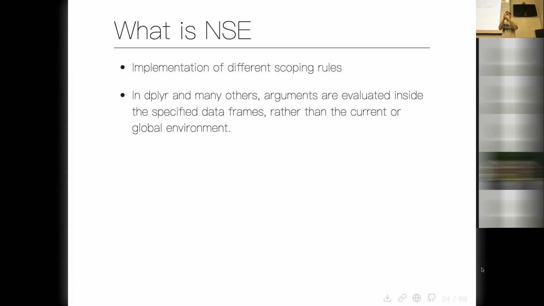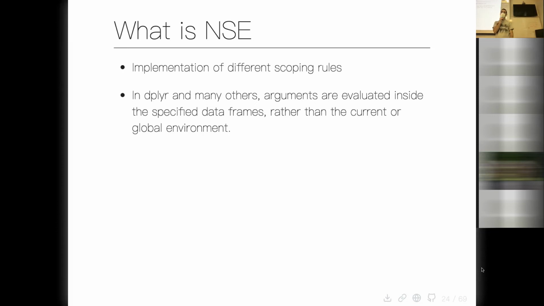If it can't find it there, it's going to look to the global environment and see if it can find it there. If you have a function that is inside of a package, it will first look inside the function, and then it will look within the namespace, which is the package itself, so all of the other code in the package. Then it can go a lot further than that, but that's the basics of lexical scoping, which is what's implemented in R.